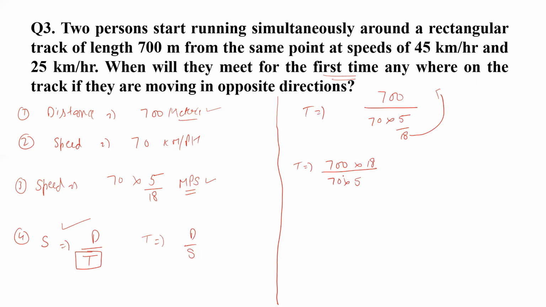When we solve this, 700 can be divided by 70 easily, and we get 10, and 10 can be solved with the table of 5, and we get the value of 2. So when we multiply the balancing figures, 18 multiplied by 2, we get 36 seconds. So after 36 seconds they shall both meet each other.